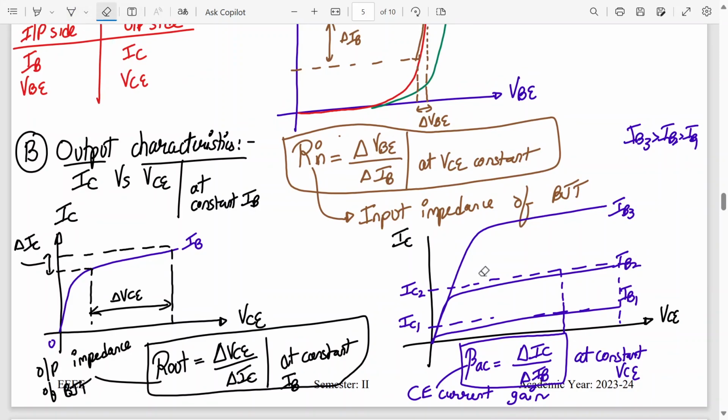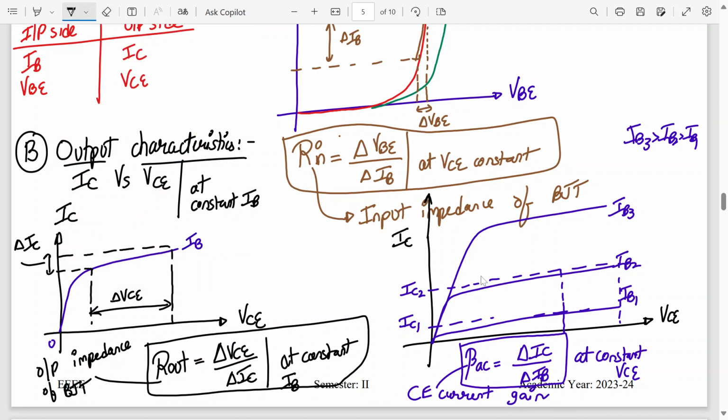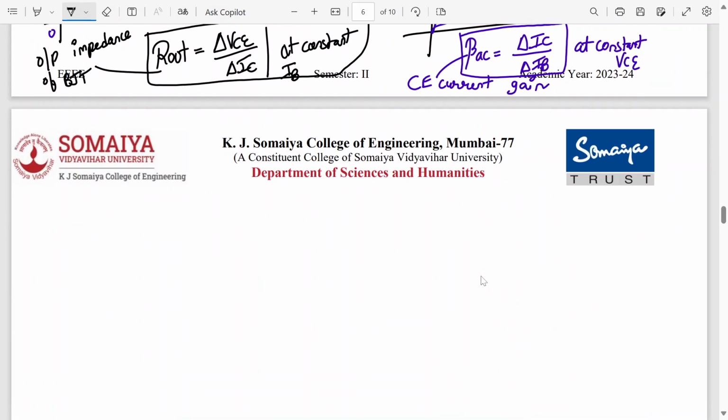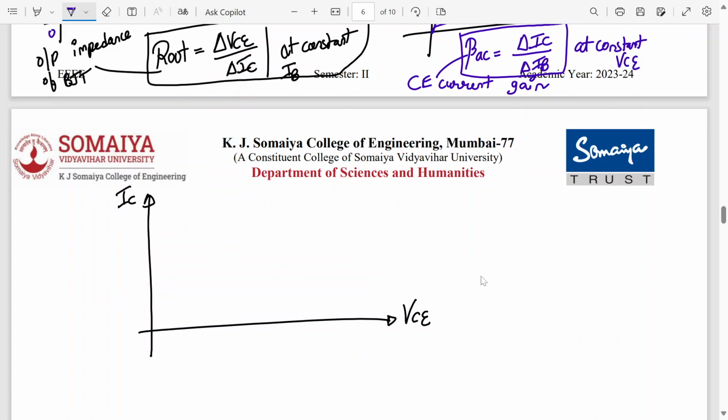So I can show the operating regions here itself. Pardon me for doing it over here again. Let me draw it one more time. So the x-axis will be VCE, the y-axis will be IC. This is the family of curves which we have, for different values of IB.